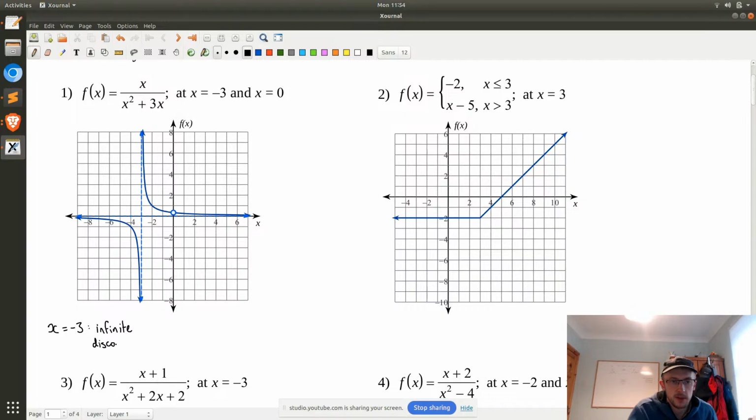Infinite discontinuity. And for x equals 0, this is a removable discontinuity.